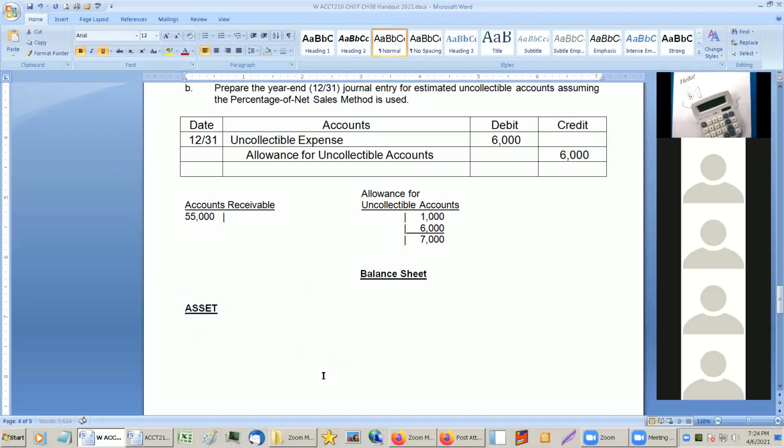We would have our accounts receivable. And then underneath there, we subtract out our allowance.